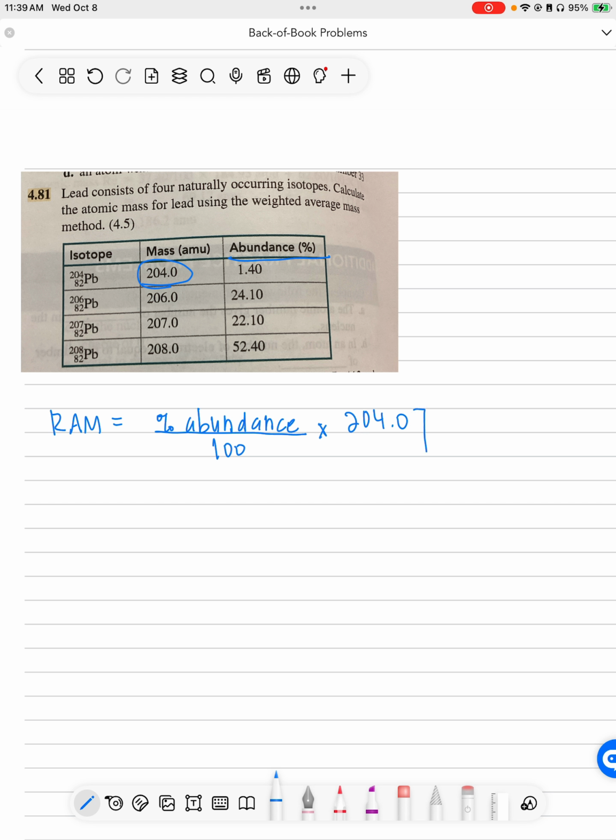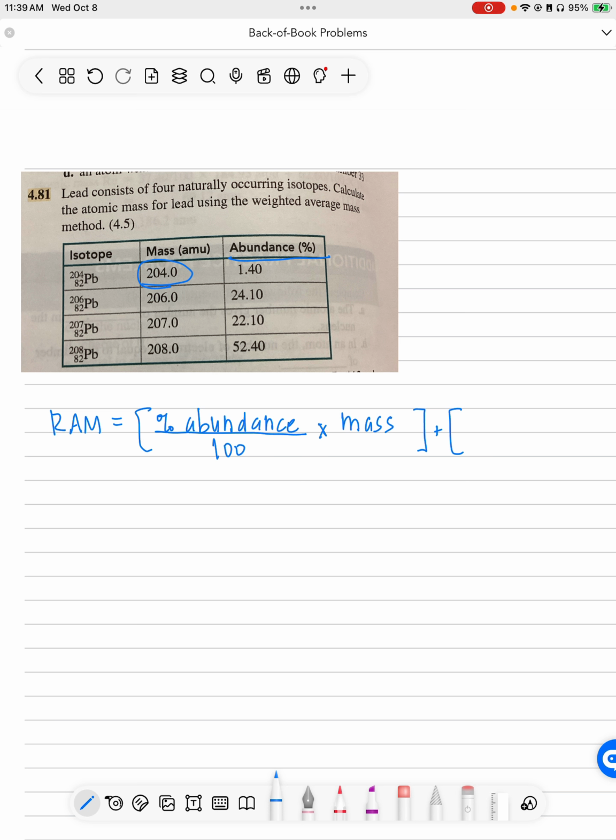And then you do this for each one, you add them together, and that's going to give you the relative average mass of all the isotopes of that element.